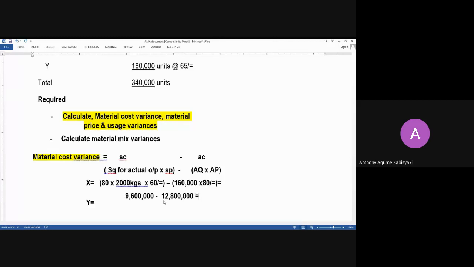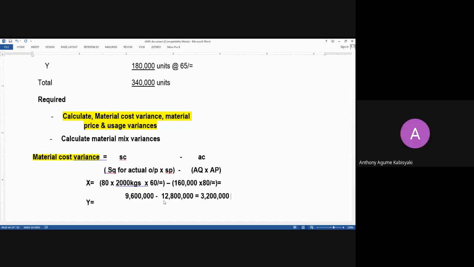Ideally, you realize that the actual cost is greater than the standard. So what is the difference? What is the variance? 3.2.